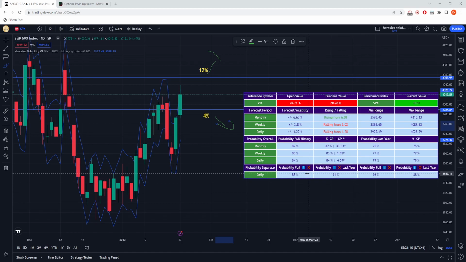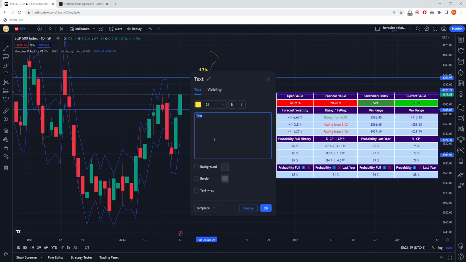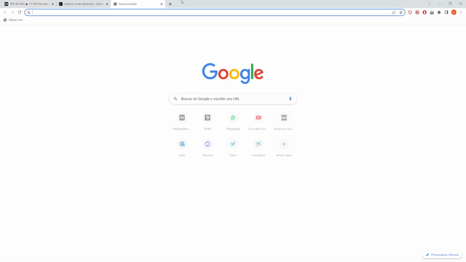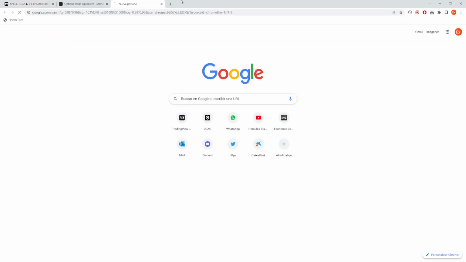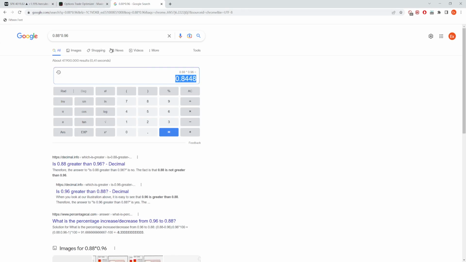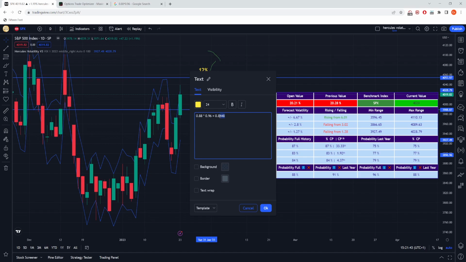So this 84 that we see here is coming from multiplying this and this. Sorry, you cannot see the window, but I can make it through text. If you take, for example, 0.88 multiplied by 0.96, you can see that we would get 0.8448. And this 0.84 is the same value as we see here, the 84%.